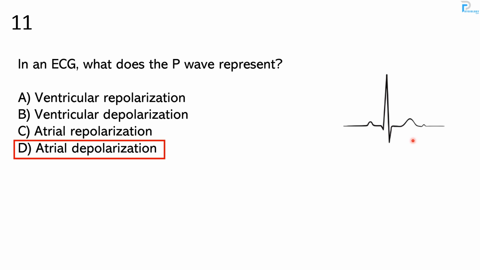You might ask, where is the atrial repolarization phase? The repolarization of the atrium happens during the occurrence of the QRS complex. So it's masked by the big QRS complex wave, which represents ventricular depolarization. So P is atrial depolarization. Atrial depolarization happens immediately before atrial contraction.